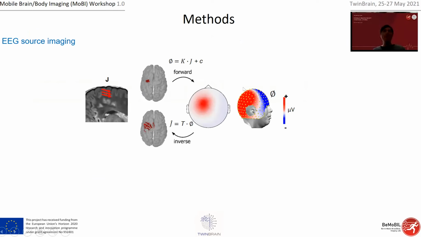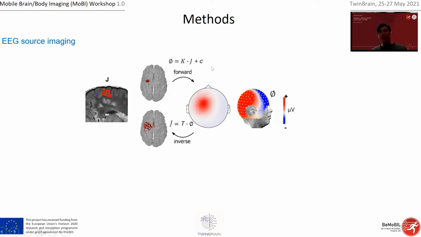The only thing we can record is scalp potentials. And from these scalp potentials, and we already were looking at these topographies with the IC patterns, for instance, we want to find out which brain sources might produce the scalp recordings, right?